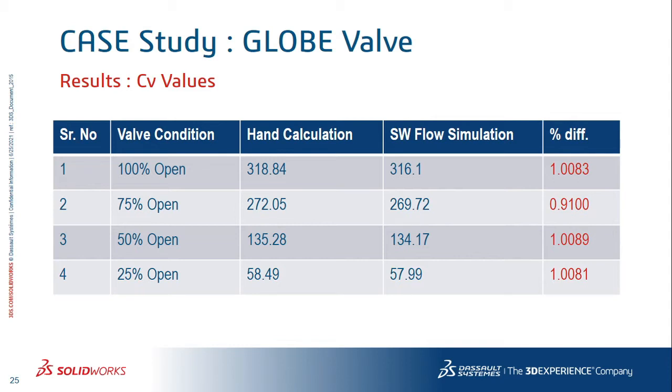So the tedious work of hand calculation can be eliminated. We can directly take advantage of the software, check the results, and come to the conclusion that this design is the best design, or whether any changes are required or not.